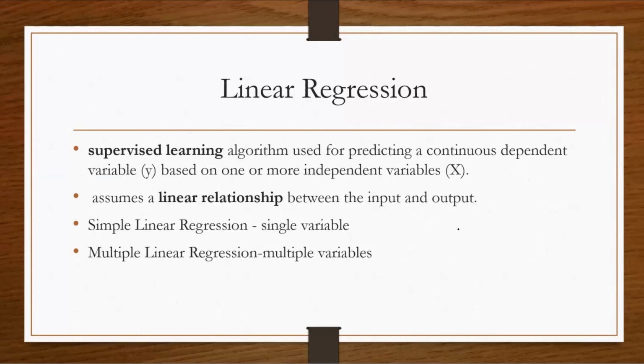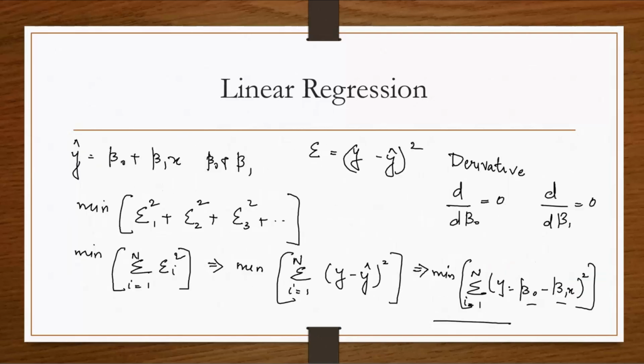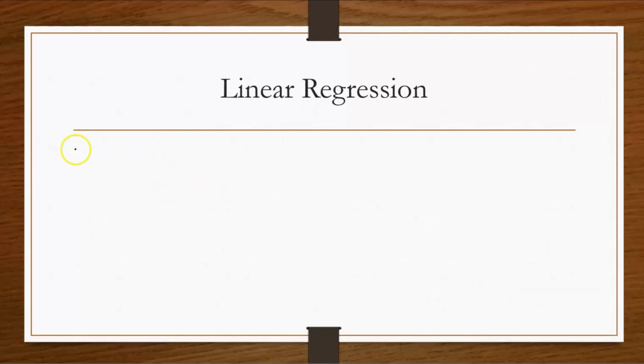In the first slide we saw linear regression with a single variable, y is equal to f of x. In the case of multiple linear regression, y is a function of more than one variable, x1, x2, etc. We can see an example of multiple linear regression also. So now we can have a quick discussion on multiple linear regression.